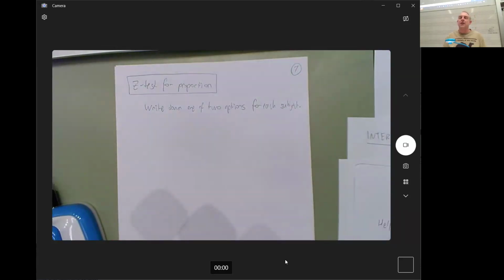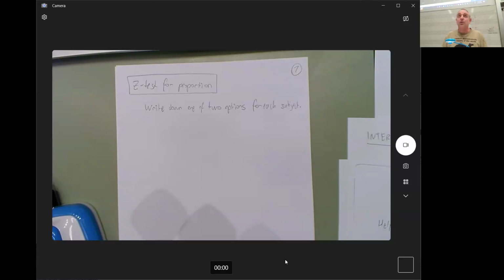You might write down whether the person participates in volunteer work or not. You might write down whether they improve their symptoms or not. You might write down whether they prefer Donald Trump or Kamala Harris for the new president of the United States of America. It just has to be 2 options.